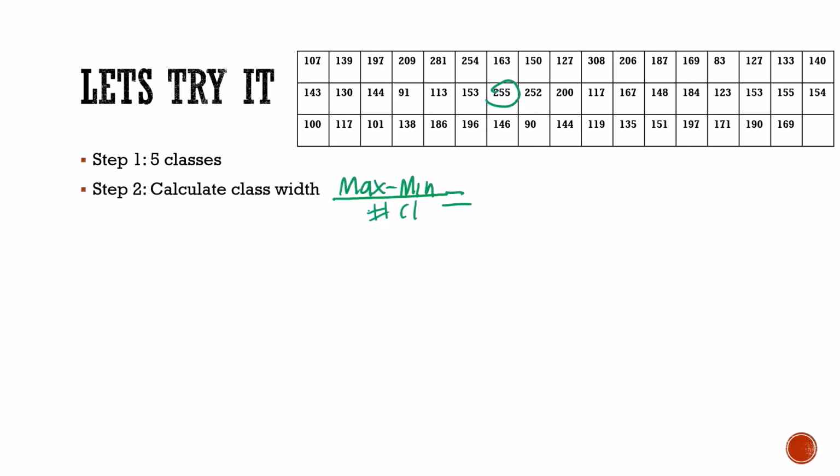Does anyone see a value bigger than 308? No, that is the maximum, right? Sometimes you just have to search. Anyone see what the minimum here is? Manuel, you see it? 83 is correct.